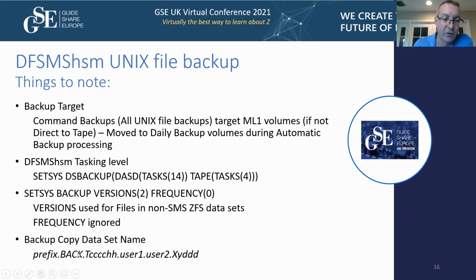I think it's 10, 12 years old, where it's the hundredths of seconds. So the CCCC is the hundredths of seconds in the current hour. So that's a timestamp with the last directory and the 8 characters from the file name that was backed up.